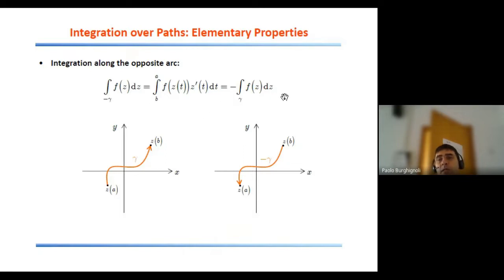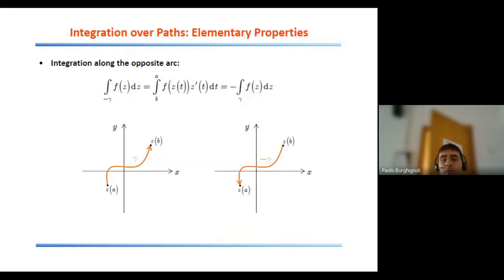So we obtain the same number, but with a different sign. So by convention, the integral along the opposite arc, so the same arc, but now we run in the opposite direction, gives you the same number, but with a difference in sign. Okay, and that's quite intuitive.